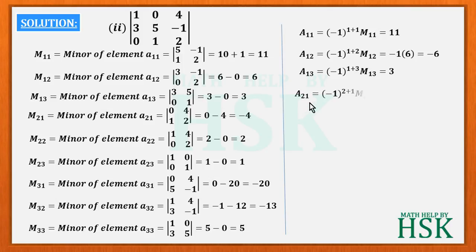A21 is not located in the leading diagonal, so its value would be the negative of the minor, so the minor here is minus 4, so A21 is equal to 4.